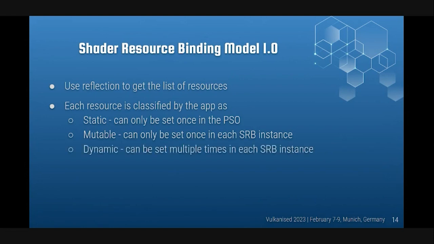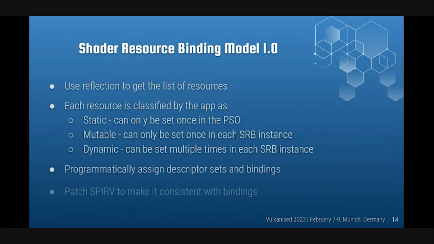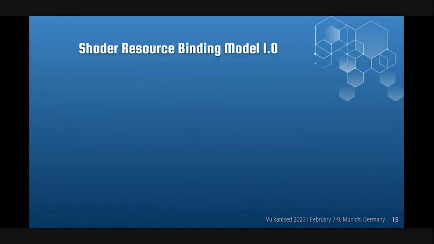And finally, the dynamic resources. Dynamic resources are different from mutable in a way that they can be set multiple times in each instance of a shader resource binding object. And based on this classification, Diligent automatically assigns descriptor sets and bindings, and it patches SPIR-V bytecode so that it is consistent with the bindings that were assigned by the engine.